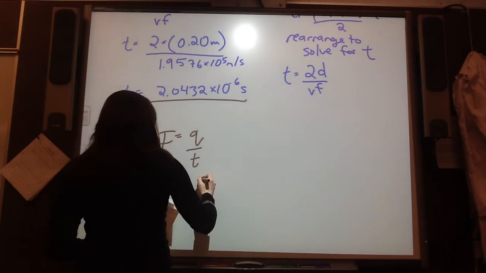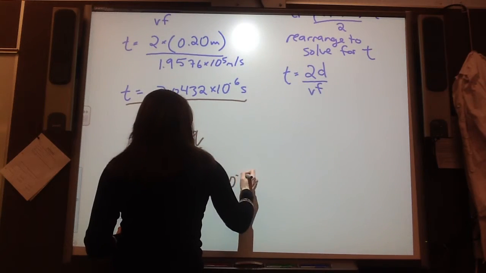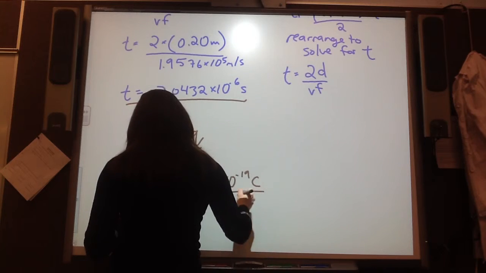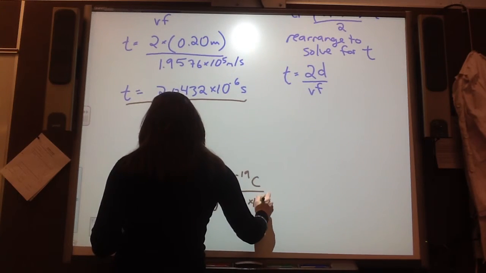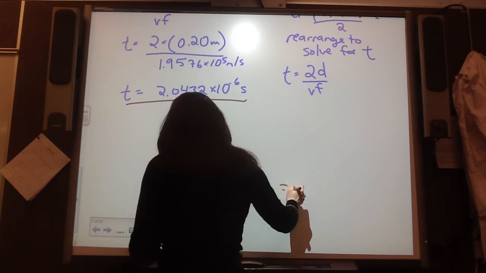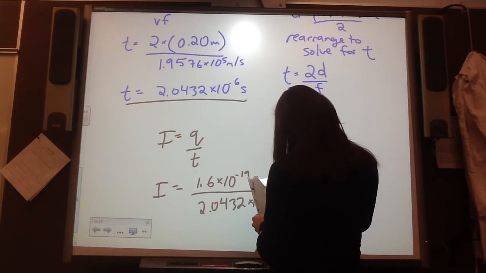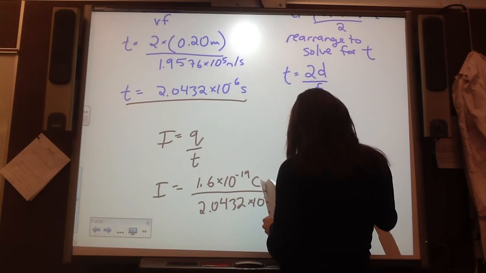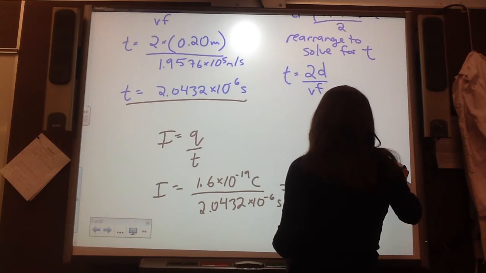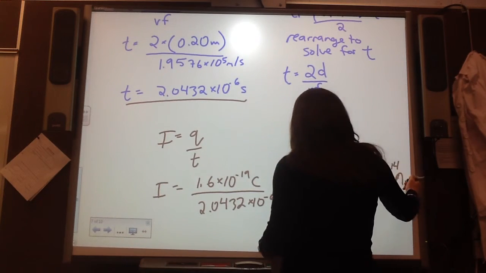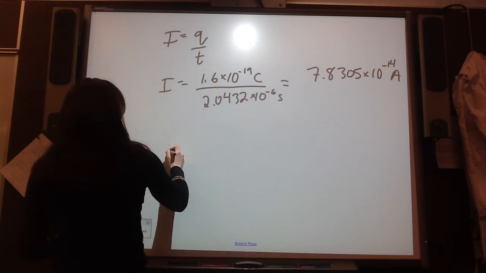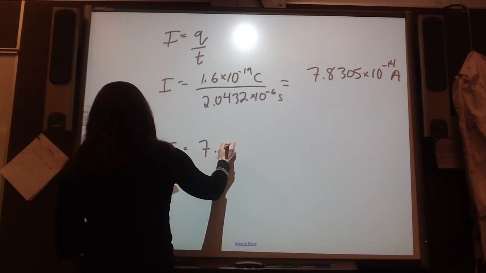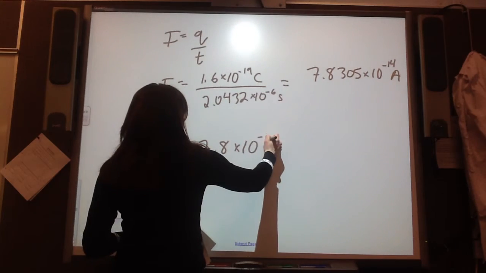So I just need the one charge, 1.6 times 10 to the negative 19 coulombs, all divided by 2.0432 times 10 to the negative 6 seconds. That will give us 7.8305 times 10 to the negative 14 amps. To sig digs, this is 7.8 times 10 to the negative 14 amps.